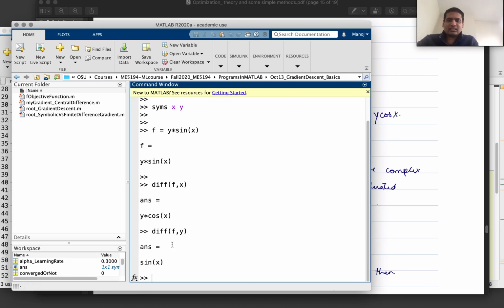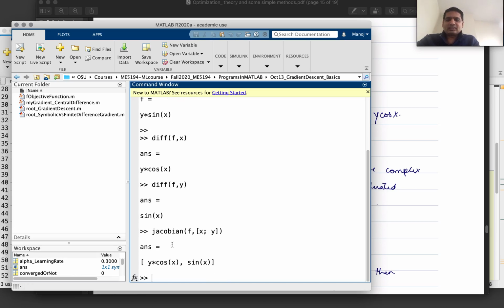Okay, sine x, that's right. Or we can say gradient. There is another function in MATLAB called Jacobian, which basically is the gradient in this context. We can say Jacobian of f with respect to x comma y is basically this vector, which is the gradient, right? And that's it. Jacobian just gives you the matrix of partial derivatives.